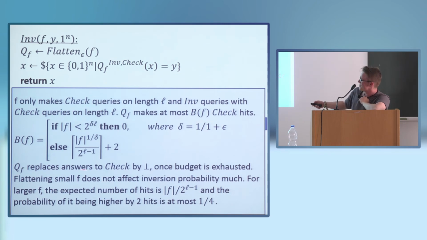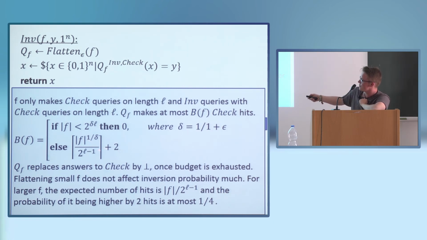I already said that the flattening for the small f does not affect the inversion probability much, and for larger f, we have this 1 over delta in the exponent here, about which I will talk later.